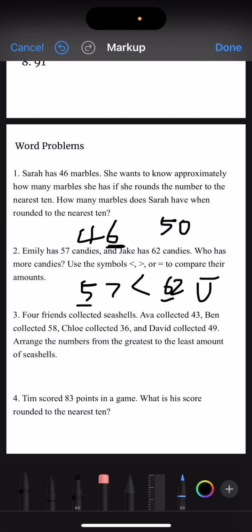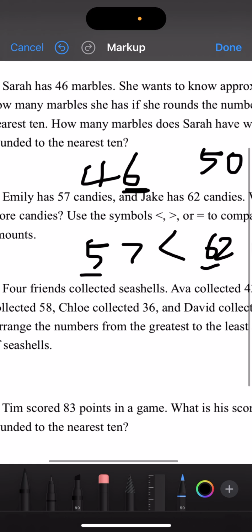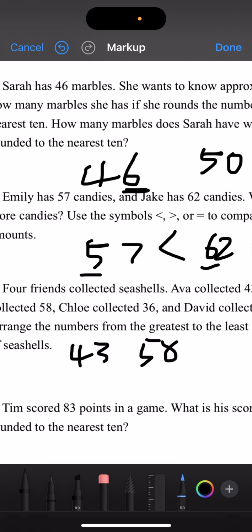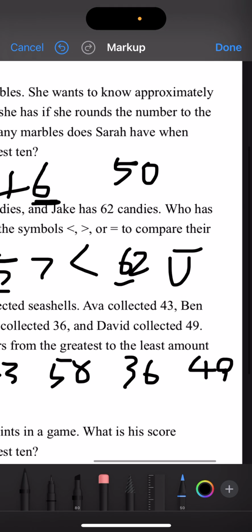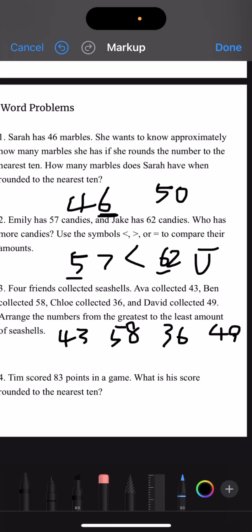Number 3, 4 friends collected seashells. Ava collected 43, Ben collected 58, Chloe collected 36, and David collected 49. Arrange the numbers from the greatest to the least amount of seashells. Let's compare the 10 spot.